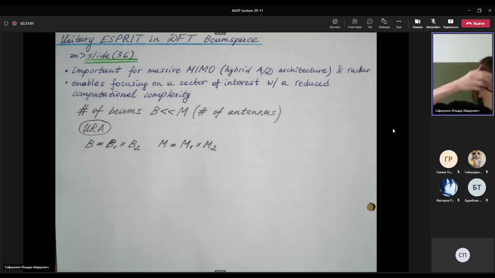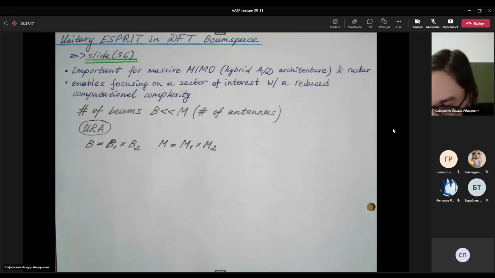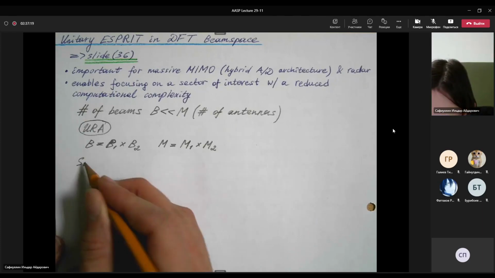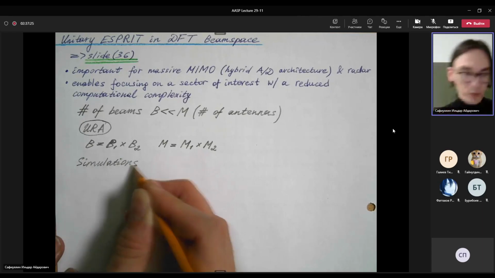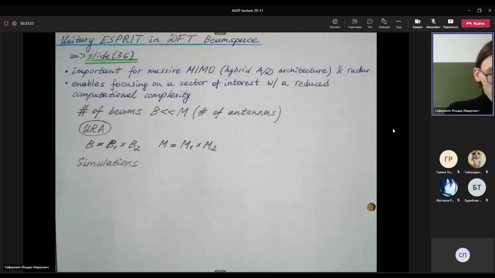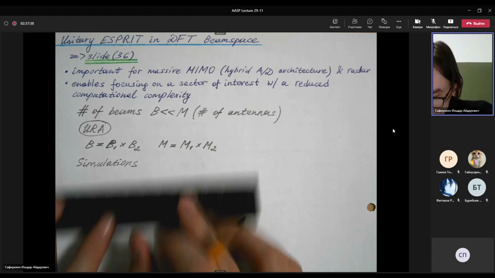And here, for some simulations, maybe we will ask Adele about this part, because I really do not know DFT beam space things deeply.